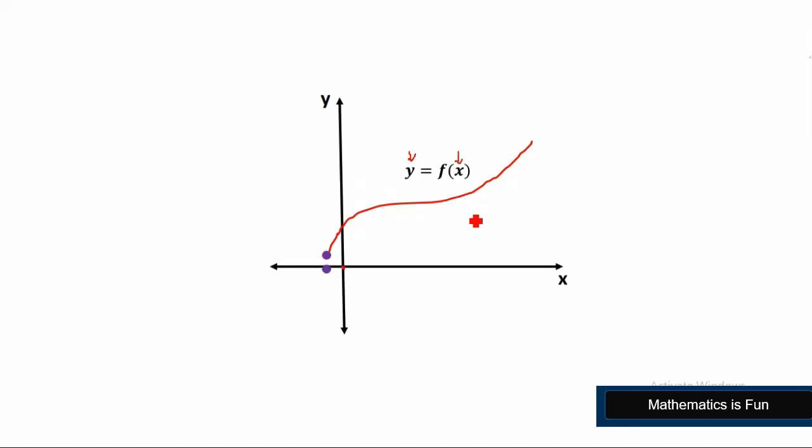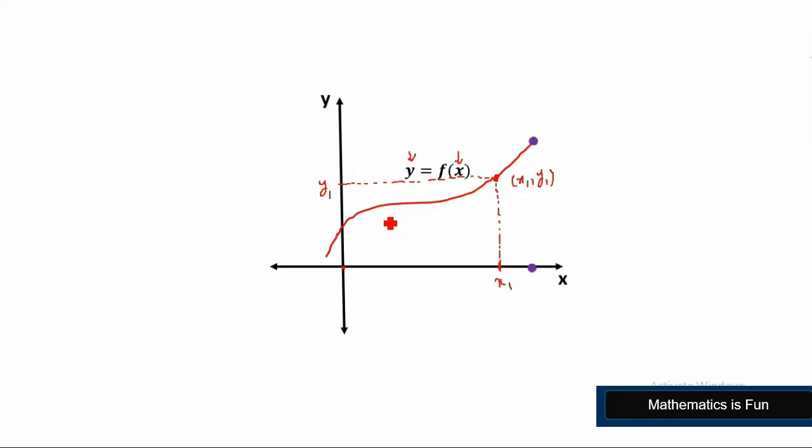So you can see here all the values of x correspond to the values of y. If we take a random point on this curve, its coordinates are x1 and y1. It means this point has x coordinate, which is input x1, and the corresponding output is y1.